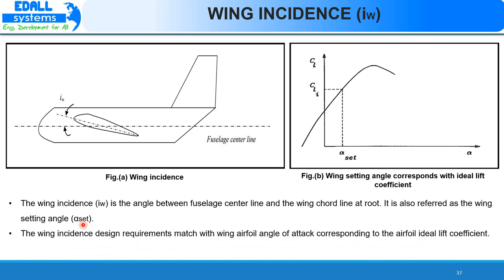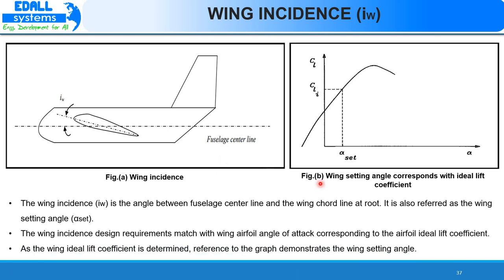The wing incidence design requirement matches the wing airfoil angle of attack corresponding to the airfoil ideal lift coefficient. As the formula for wing ideal lift coefficient was discussed in the previous session, by solving that equation, the wing ideal lift coefficient is calculated.